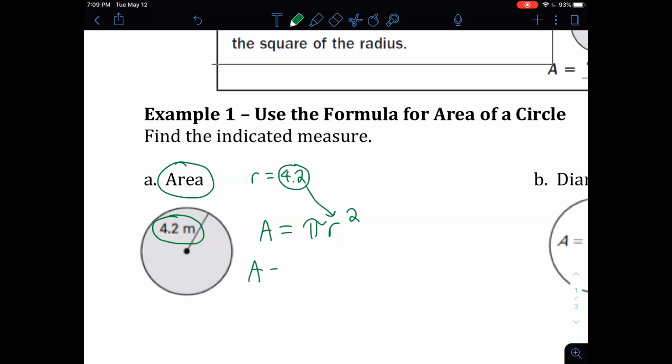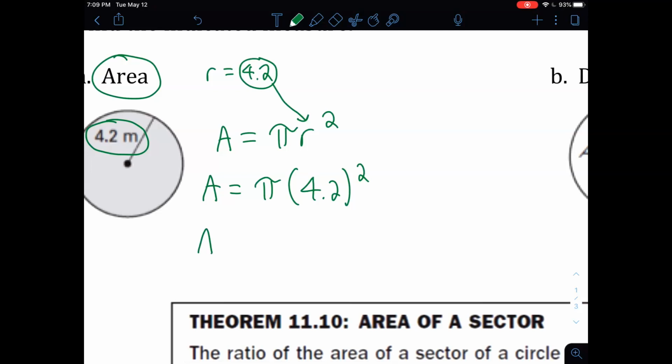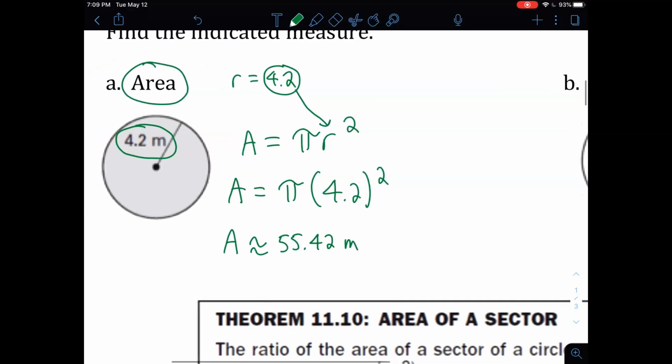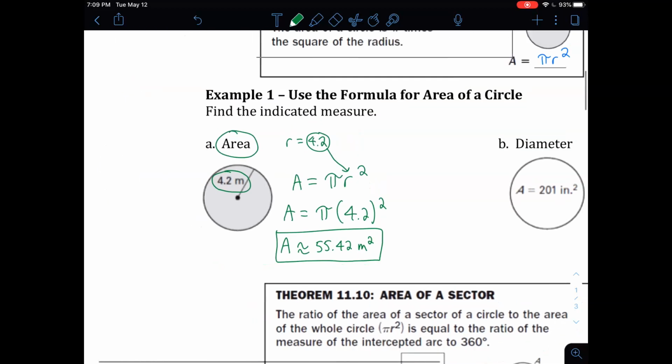So area is going to equal pi times 4.2 all squared. I'm just going to multiply that out. A is approximately 55.42. Now, is it going to be meters, or meters squared if it's area? It's going to be meters squared. That's all there is to it.